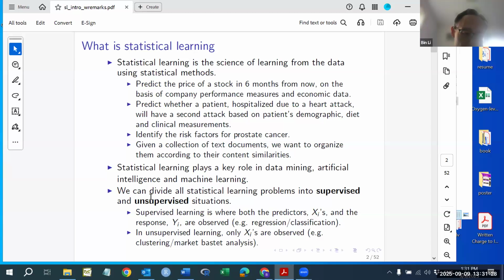Okay? And a common question is, what's the difference between statistical models, statistical methods, and algorithms? So there's a very well-known paper called Two Cultures by Leo Breiman. And if you have time, I can post the paper link in the Moodle after class, and you can read it.